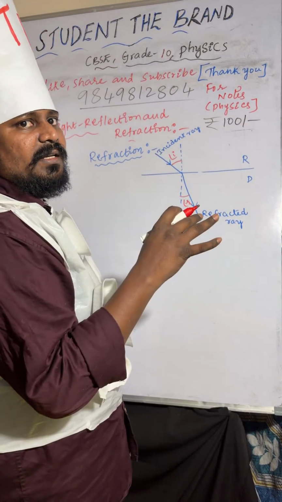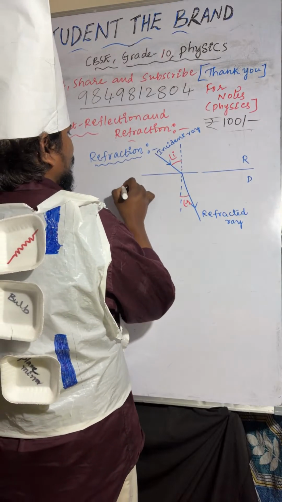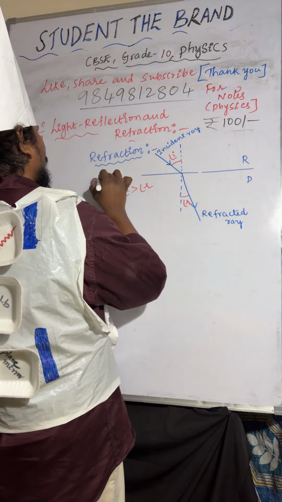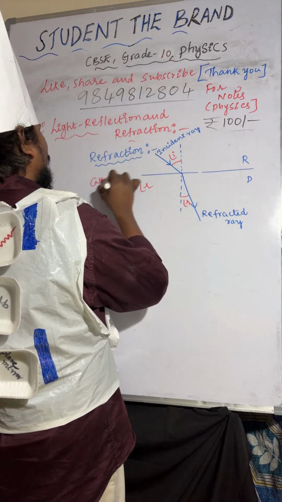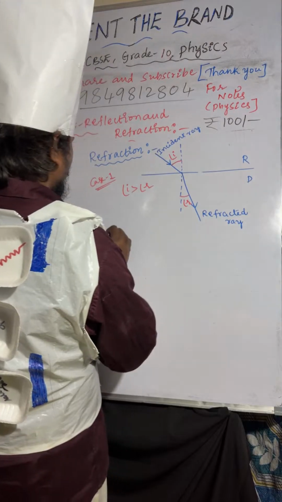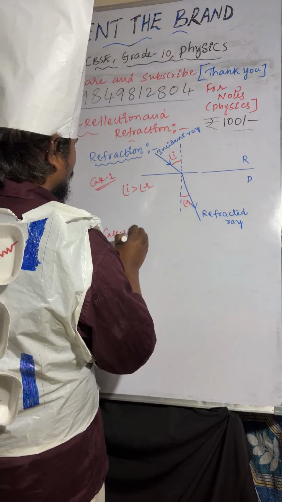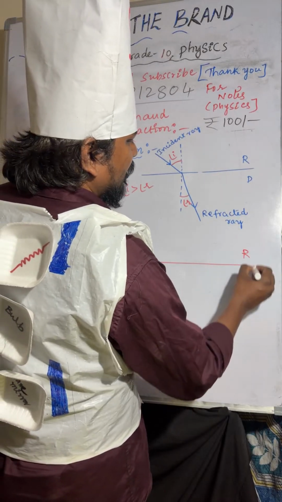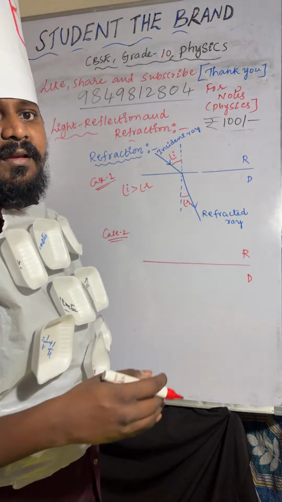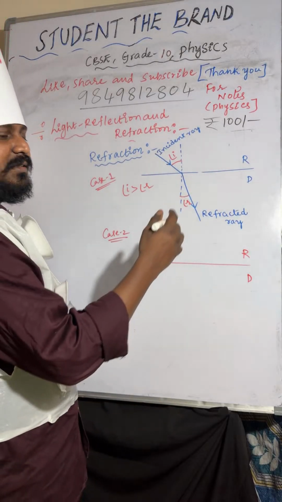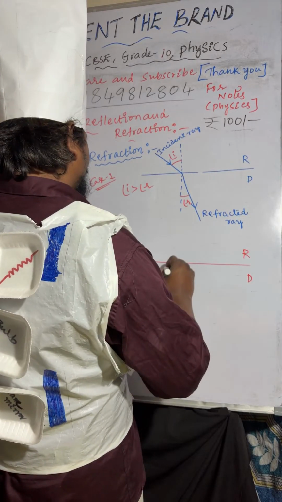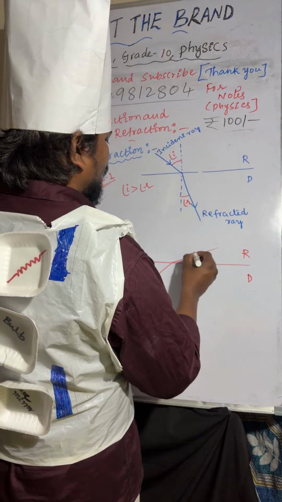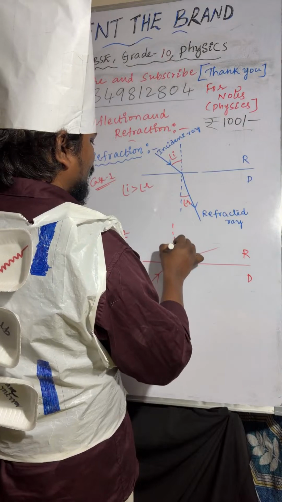Here you need to understand one thing. In case 1, the angle of incidence is greater than the angle of refraction. Now coming to case 2, where there is a rarer medium and a denser medium and the light ray is moving from denser to rarer, it moves away from the normal line.